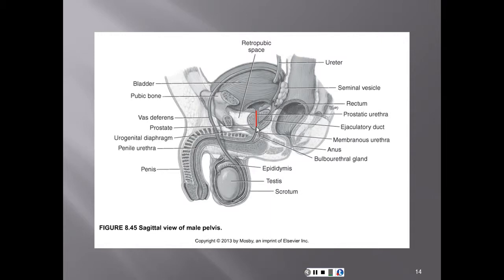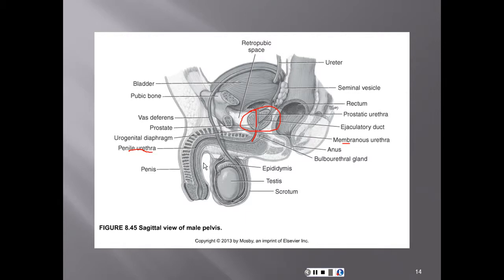And men with prostatic hypertrophy, where the prostate is huge, actually squeezes down on the urethra, and it's difficult for the male to void. After the prostatic urethra, we have the membranous urethra, and that's just a very, very small portion of the urethra right there until we get into the penile urethra.